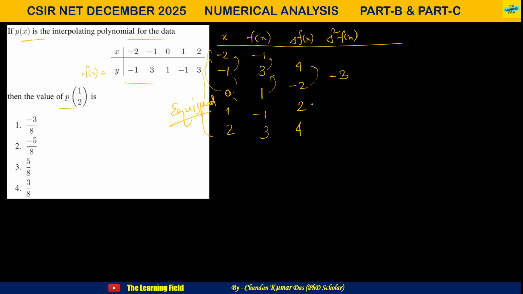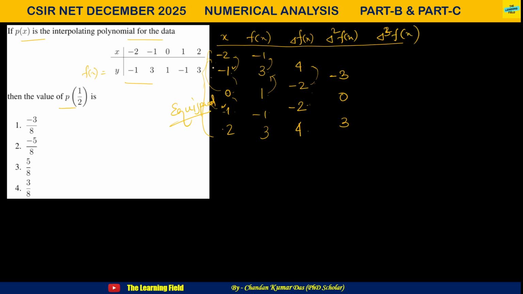Similarly, this one is -2 minus -2, so that is 0. Similarly, 4 minus -2 means 6, divided by 2, that gives 3.